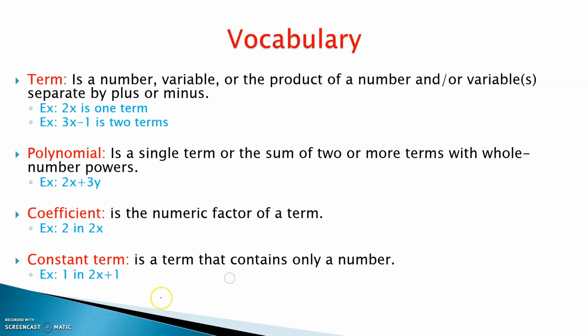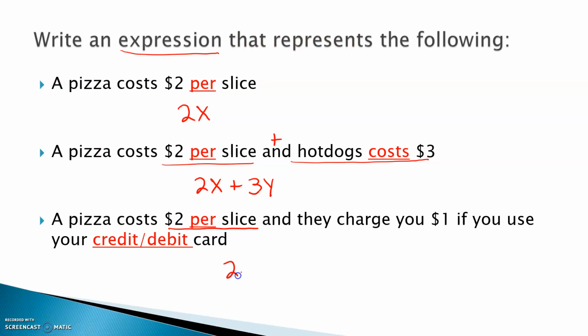Well, 2x. And then they charge you $1 if you use their credit or debit card. Sometimes they will give you that little $1 fee. So we're going to add $1, and we're not adding a variable to that because you're only paying that one time. But all of these three here are examples of polynomials. You guys have actually been working with polynomials. You just didn't know it. We didn't give you those definitions just yet.